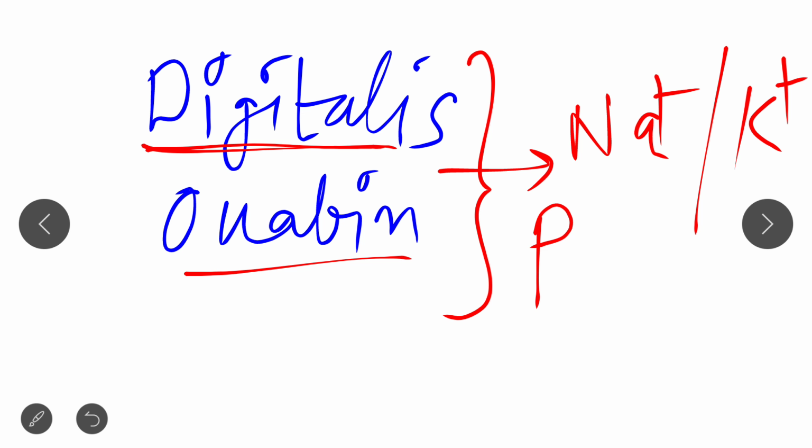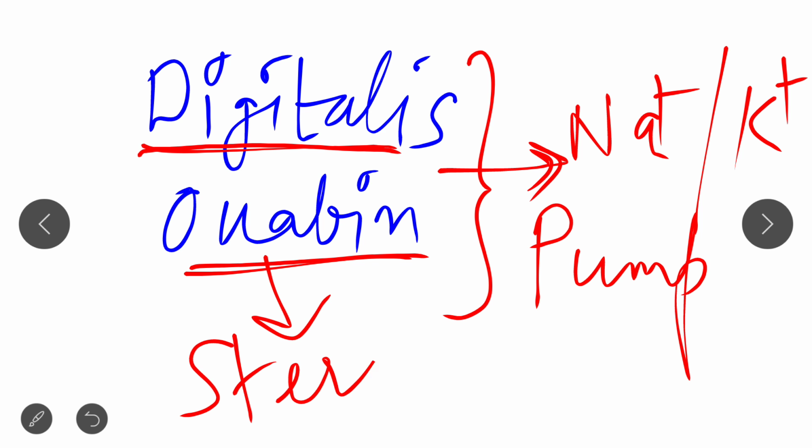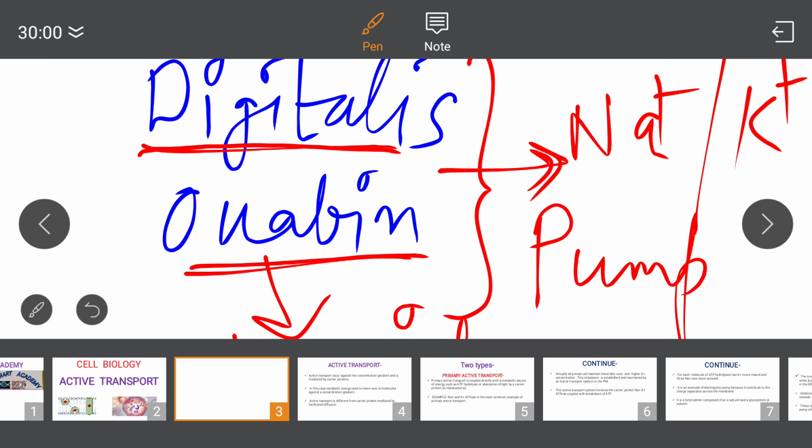These are steroids, or more specifically, cardiotonic steroids, which means they are related to cardiac muscles. So this is all about this.